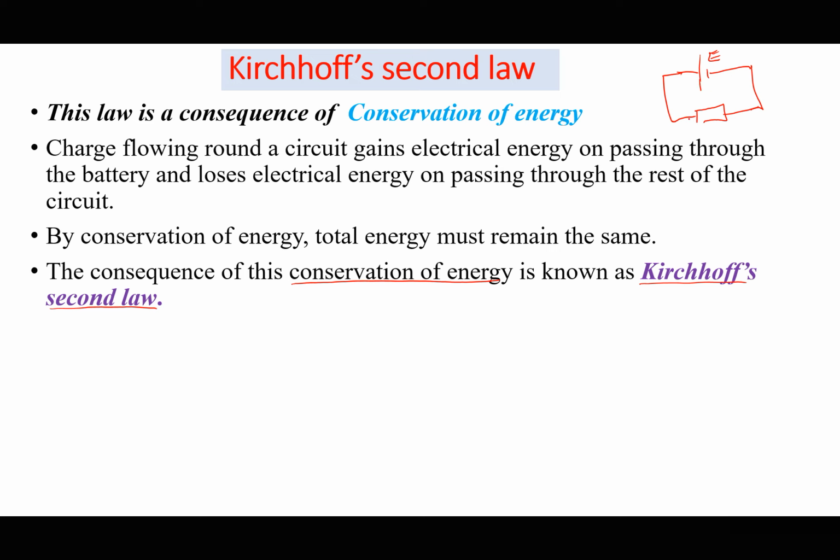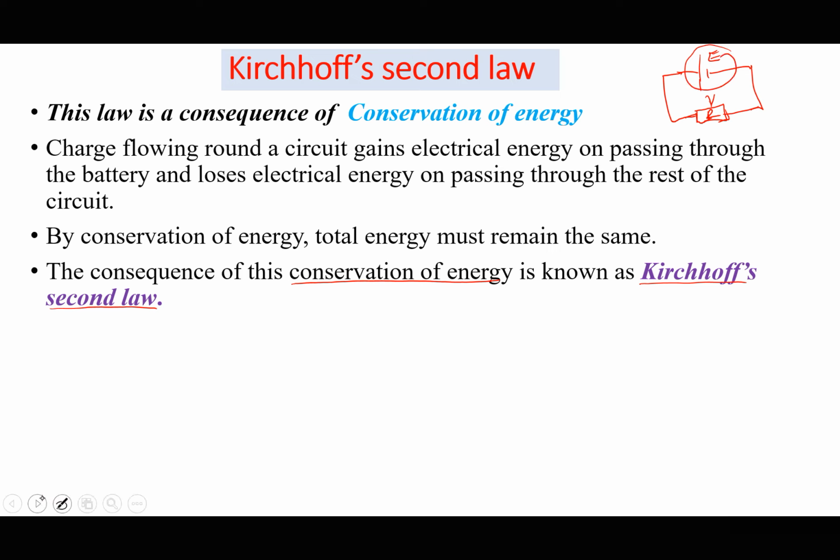And as the charge continues on its way, it loses its energy to the resistor, for example. And this is where we had the PD. We define the PD as the energy converted from electrical to heat or light per unit charge. So the total energy which is given out to the external circuit cannot be greater than the EMF. So that is conservation of energy.